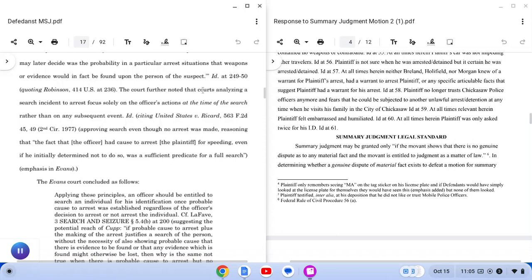The court further noted that courts analyzing a search incident to arrest focus solely on the officer's action at the time of the search rather than on any subsequent event.